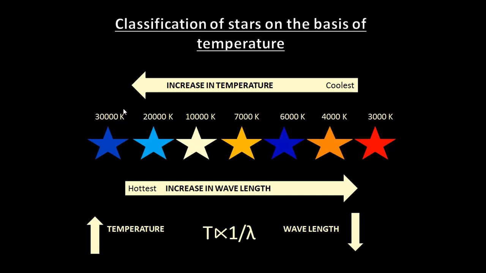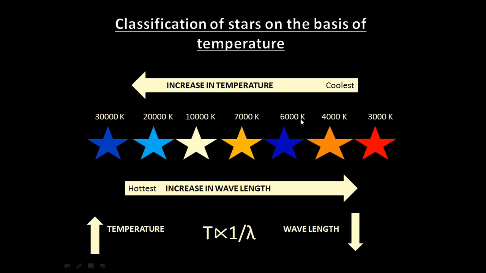As the temperature goes on decreasing, there comes the largest wavelength, that is red in color. Here you can distinguish on the basis of color and temperature. Color is nothing but wavelength, so indirectly we can say that temperature is inversely proportional to wavelength.